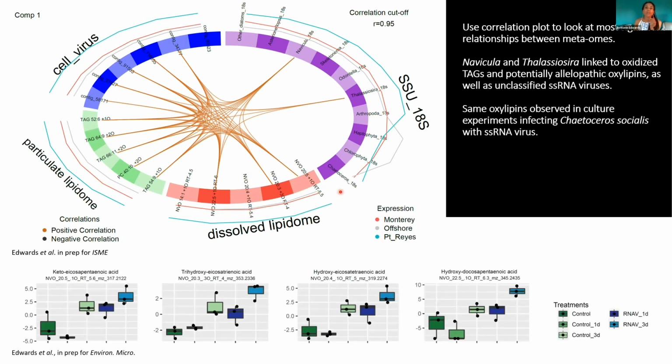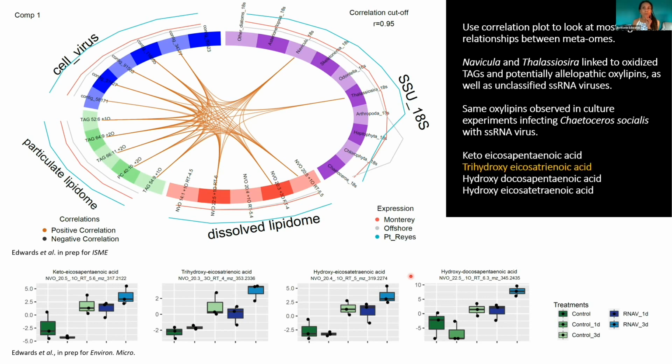However, we do know that these same oxylipins have been observed in culture experiments where we've infected Chaetoceros socialis with single-stranded RNA viruses. And I went into the dissolved lipidome and looked at the fragmentation of these lipids and compared them to authentic standards as well as to fragmentation done in silico, so from models.